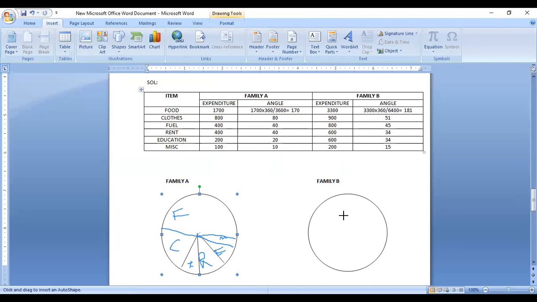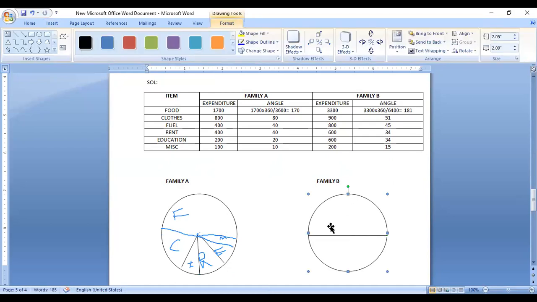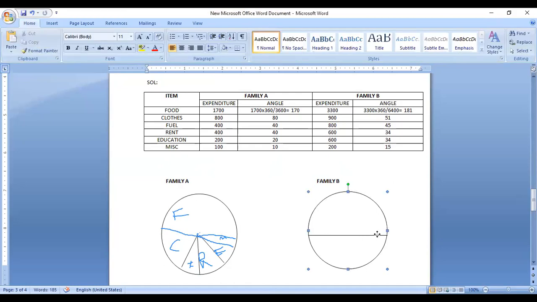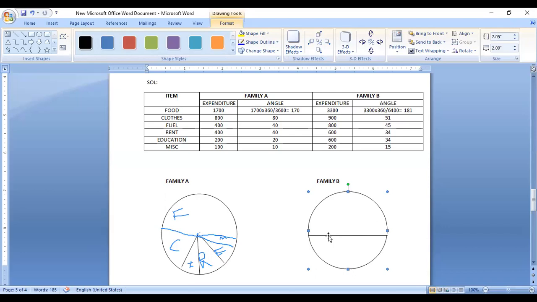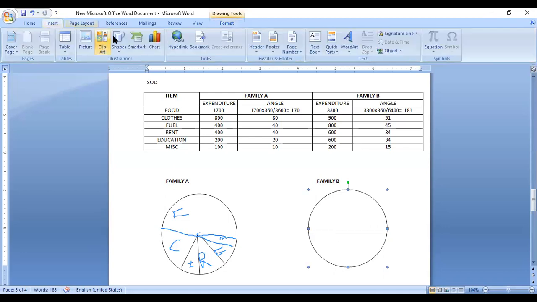Food 181, more than 50% food is there. So this is food. Let's assume. Okay, now next one. After food is over, clothing is there.